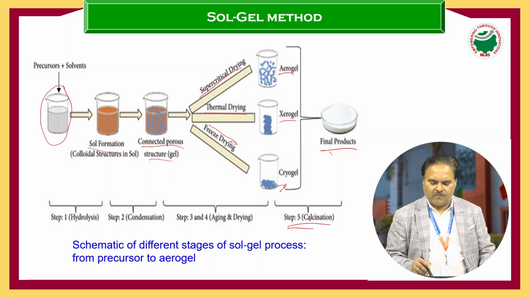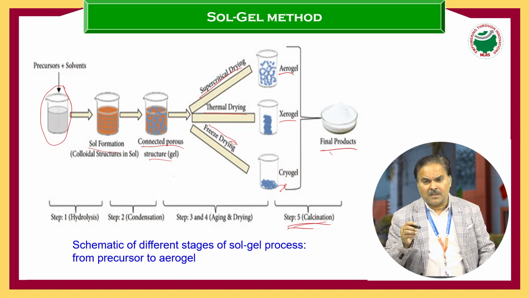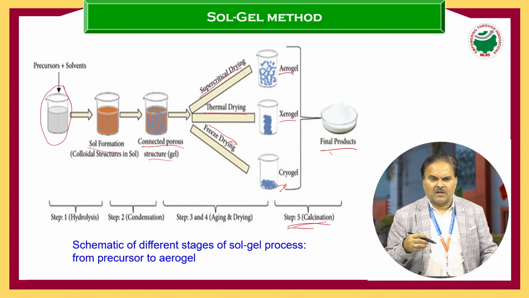Finally, calcination is nothing but heating the material to a higher temperature, 200 or 300, depending on the material, where the water quantity will go out. For nickel oxide, it will be around 200 degrees centigrade that the water content goes out. Whereas for copper oxide, it will be around 150 to 160 degrees centigrade.